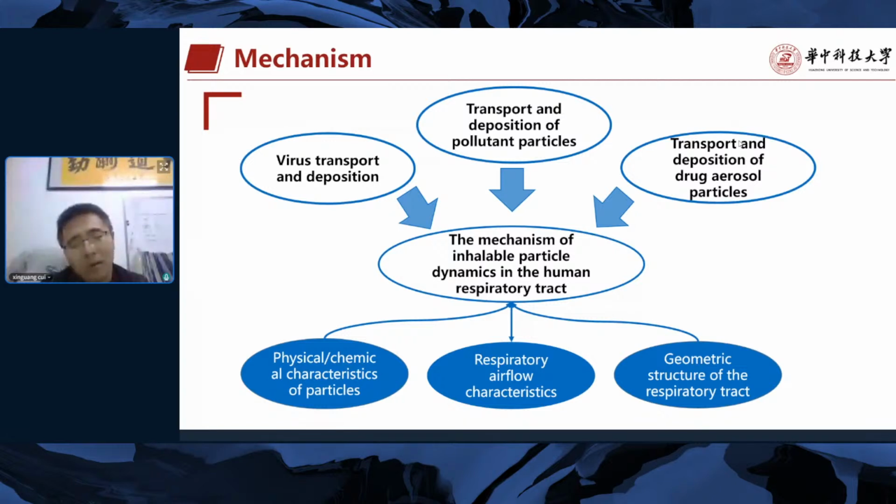At first, we need to have a geometry. We need to rebuild the geometry of the respiratory tract. But the lungs are very complex. They have millions of small tracts, and maybe 1,000 million alveolar sacs.